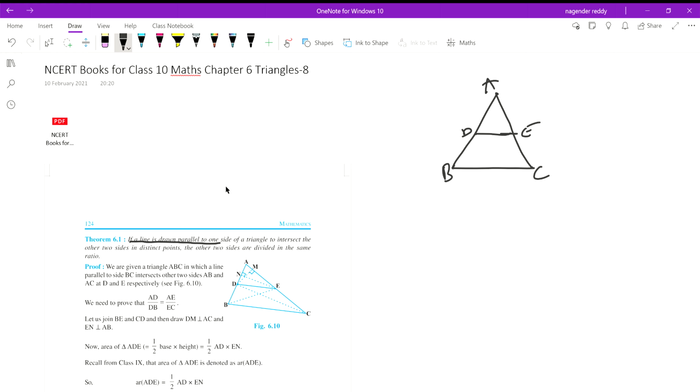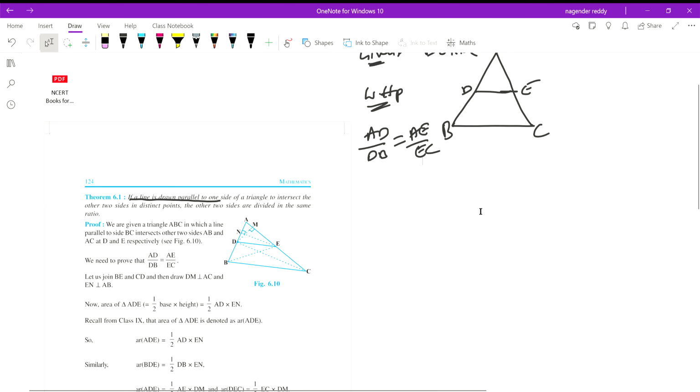That means the other two sides, for example, given that DE is parallel to BC, we have to prove that AD by DB is equal to AE by EC. AD by DB is equal to AE by EC. No need to worry, there is a small technique here.